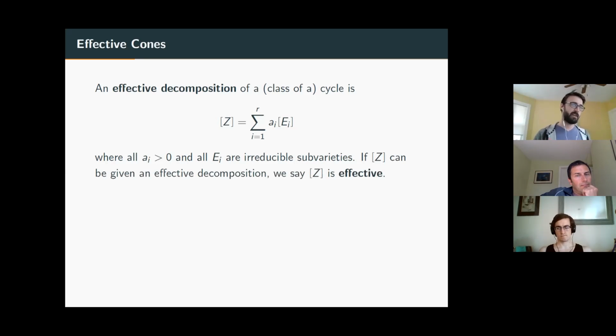And so the fact that we have the word if here should imply to you that not everything is effective. So the obvious effective things are subvarieties themselves and silly sums of subvarieties where you just add 3 times one subvariety plus another subvariety. But there are other things where they may not naturally be presented in this way.